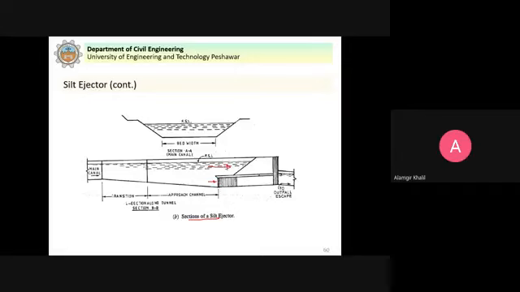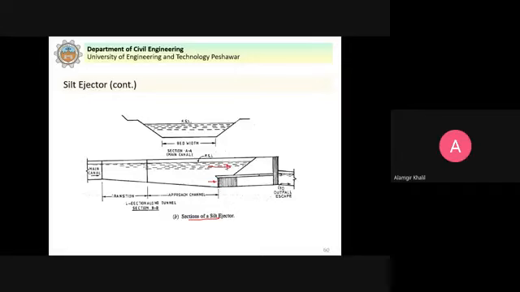Functional considerations: a moderate height of the obstruction, that is the weir or barrage, should give good command. So far as possible, the canal takeoff should be at right angles to the river. We already discussed this in detail, 90 to 110 degrees. That is the best.